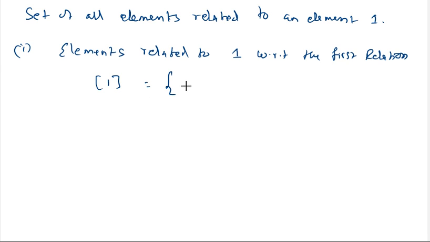So 1 plus 4 is 5. We can take 5, and adding 4, 5 plus 4 is 9, and 9 plus 4 is 13. 13 is more than 12, so 13 will not come. 13 does not belong to this set. So the elements related to 1 are 1, 5, and 9. That's all.